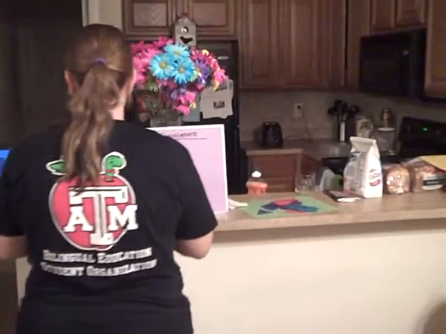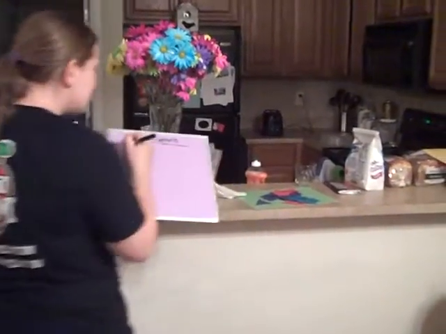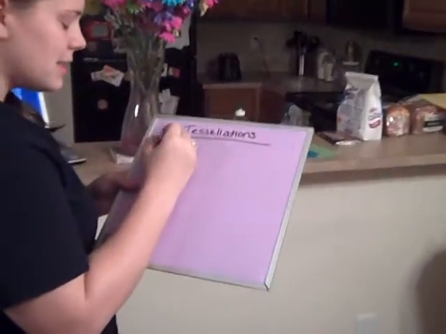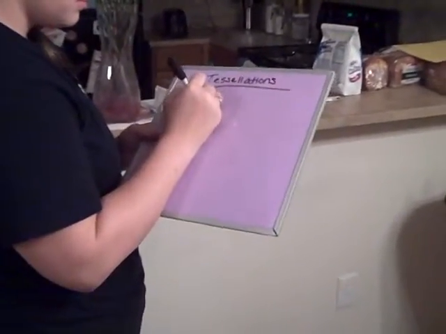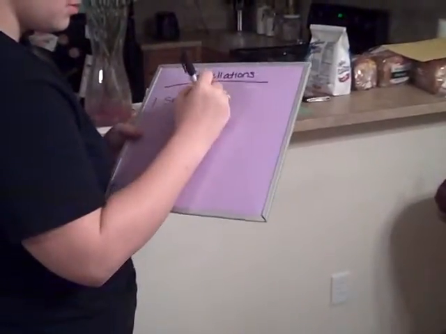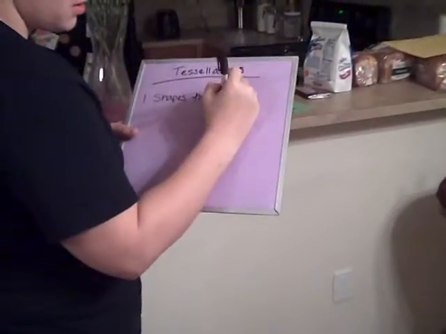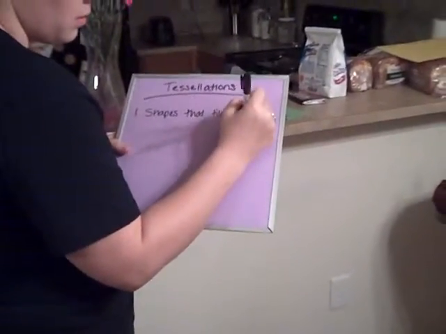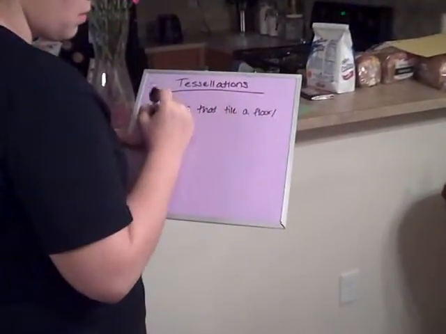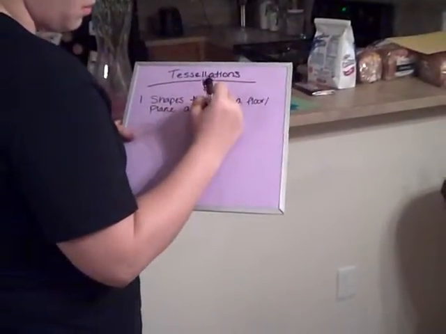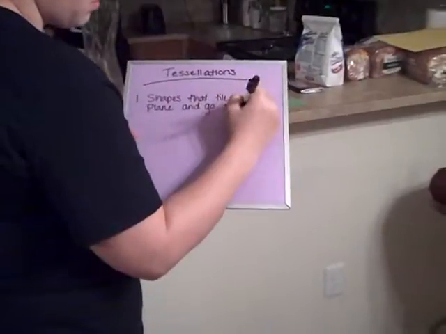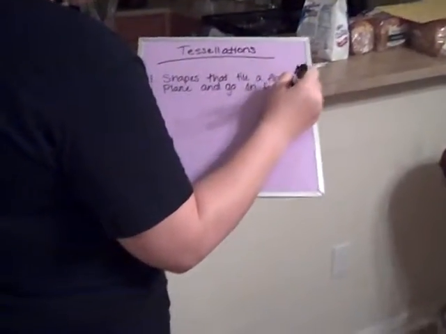Number 1. Tessellations are shapes that tile a floor, the same plane, and they go on forever. Okay?